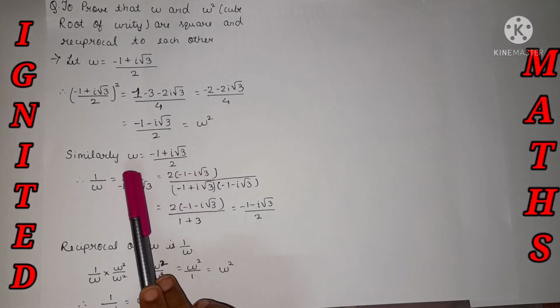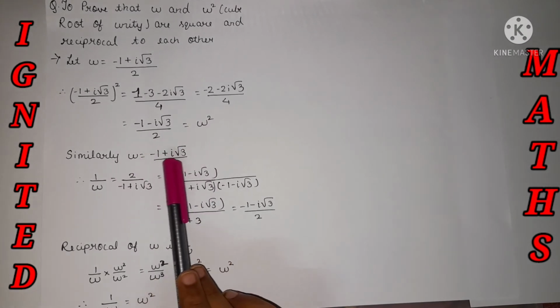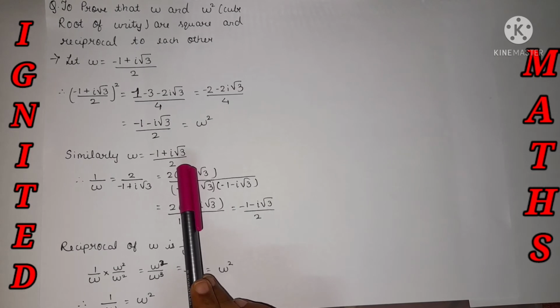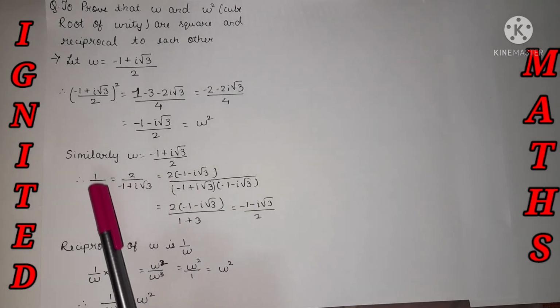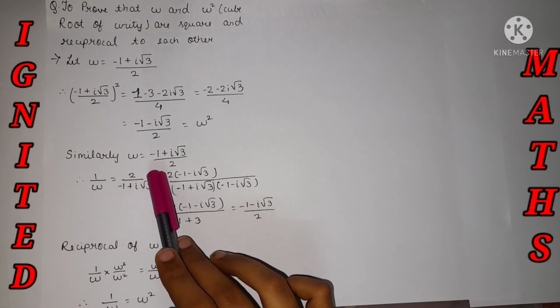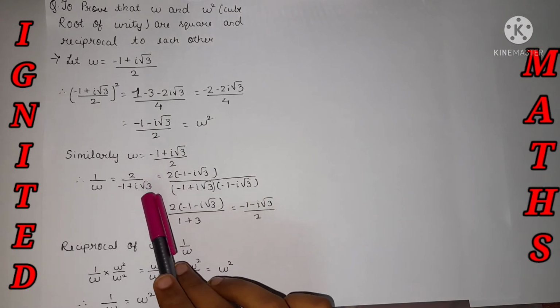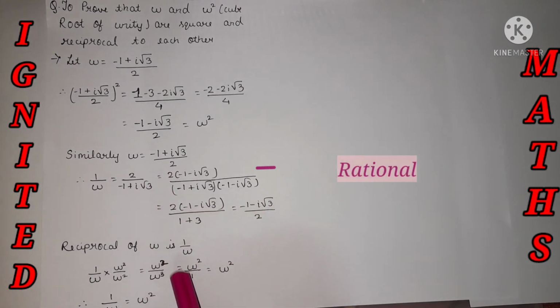Now similarly, omega is equal to minus 1 plus i root 3 divided by 2, and 1 by omega is nothing but the reciprocal of omega. From property 7, I have just proved it over here. For 1 by omega, just take the reciprocal of it, then rationalize the denominator.